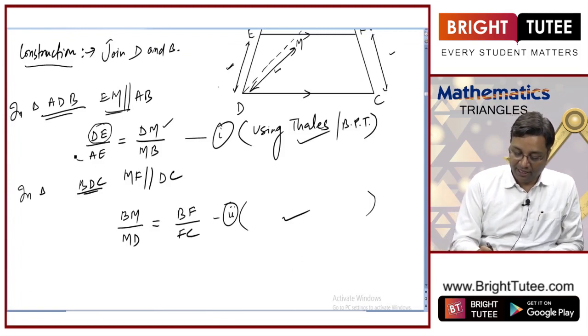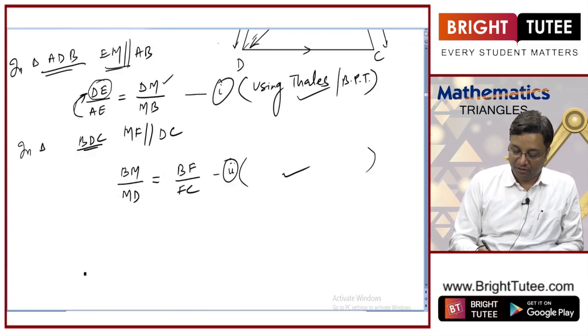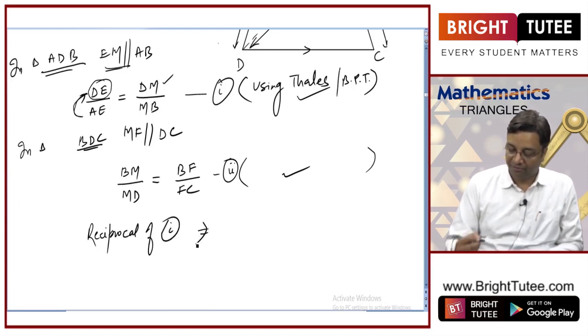Now, if we take the reciprocal of result 1, we will get AE by ED equals BM by MD.